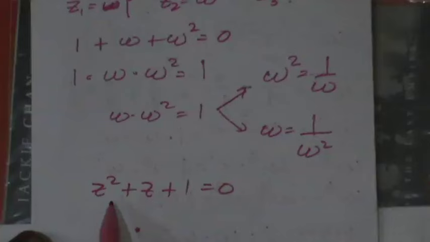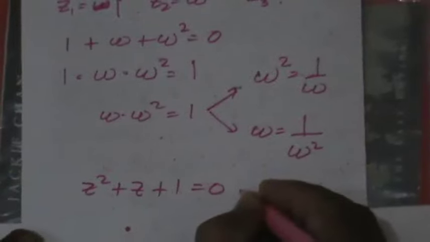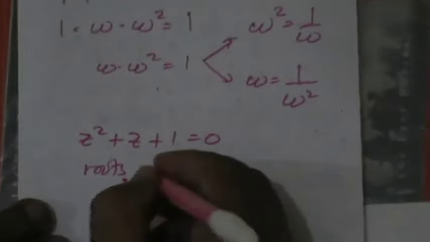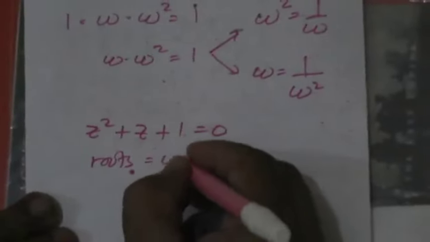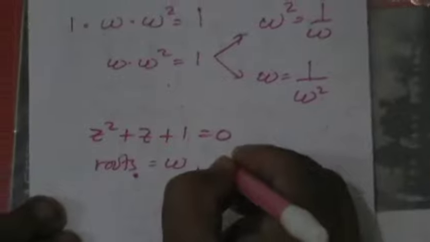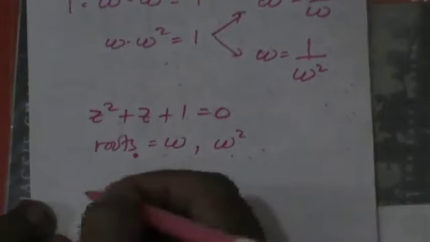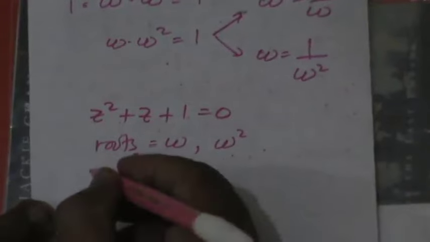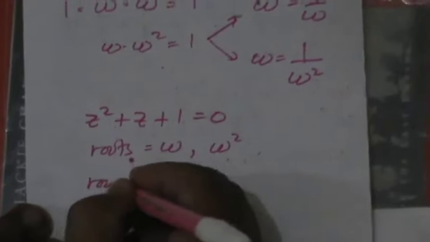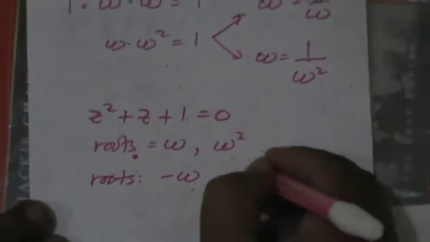That's the factor of z cubed minus 1, right? We said a while ago that the roots are omega and omega squared. Now, suppose that we have a new function wherein the roots of the new one are negative omega and negative omega squared.